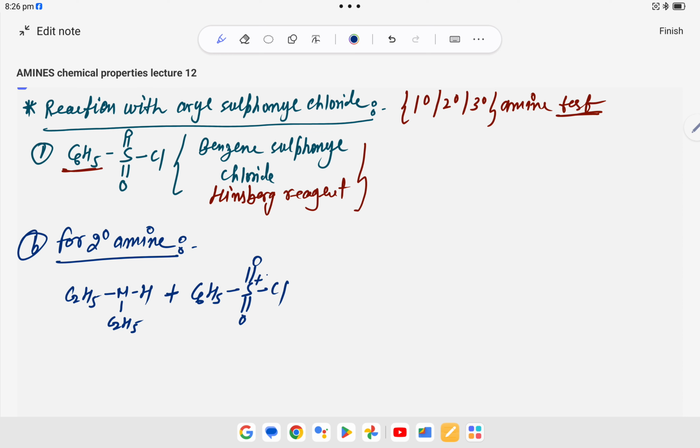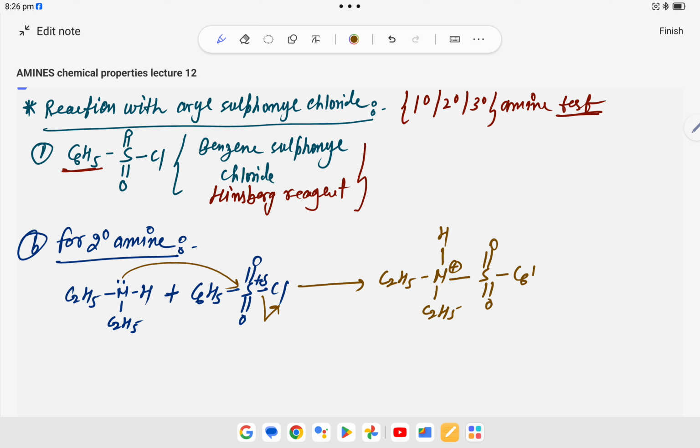Again this sulfur is positive because of more electronegative atoms attached, and here again you have a lone pair. The lone pair attaches to the sulfur and chlorine leaves. So we get C2H5, nitrogen positive, C2H5, one hydrogen, then sulfur double bond and C6H5.